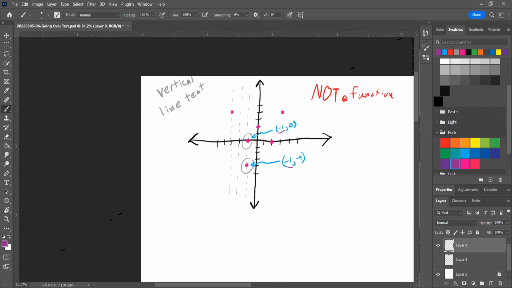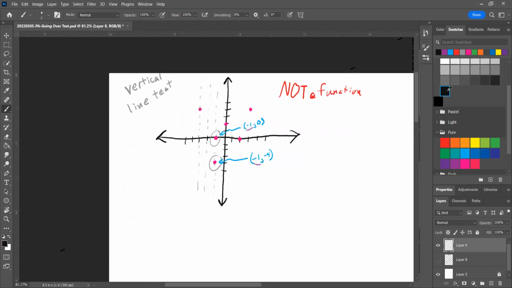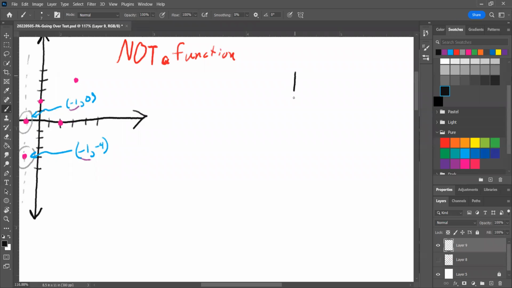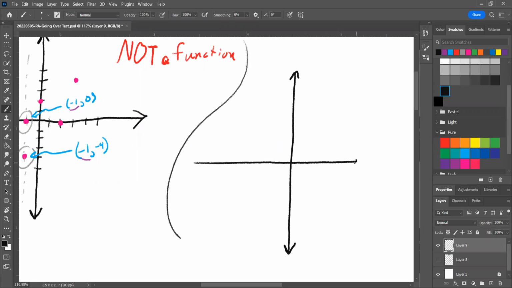All right. So what about this one? What about this picture? This one is a piecewise relation. I won't say whether it's a piecewise function because we get to decide. Well, not decide, but figure out.